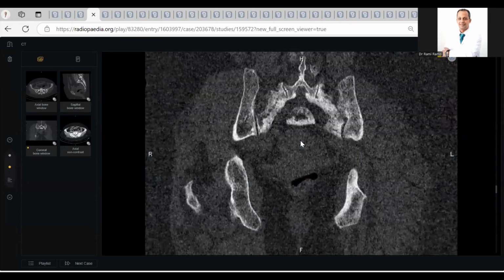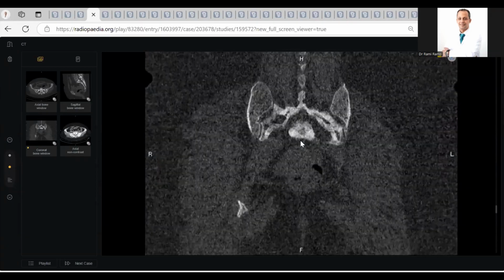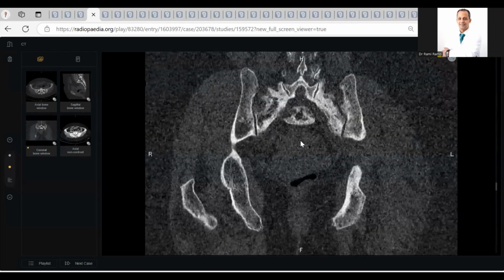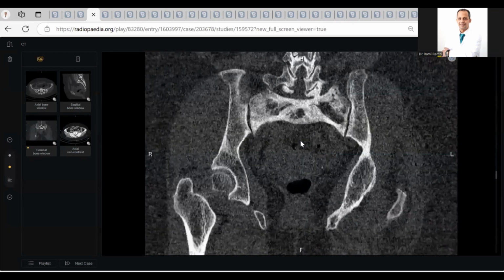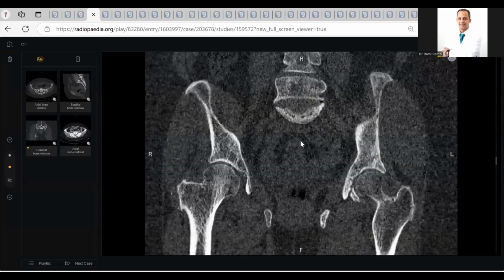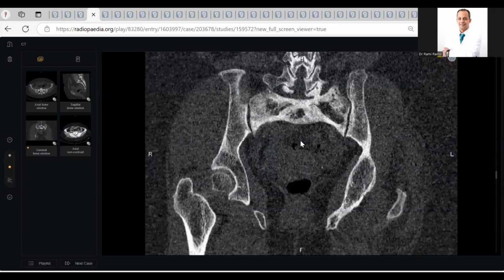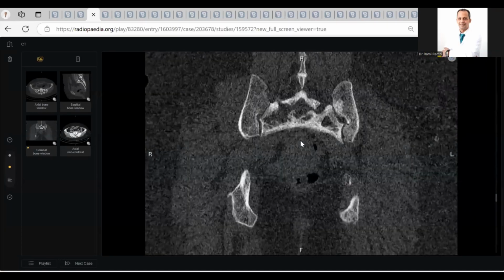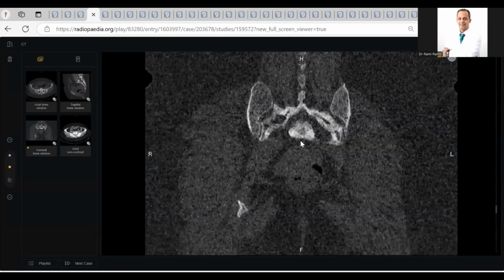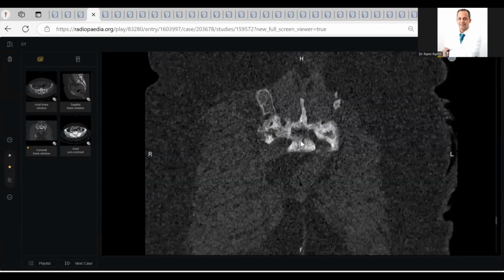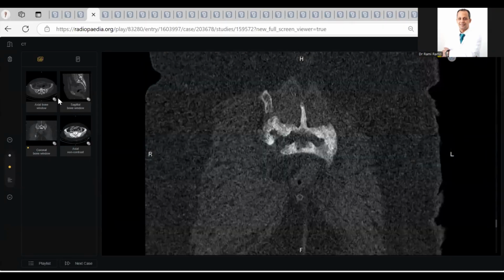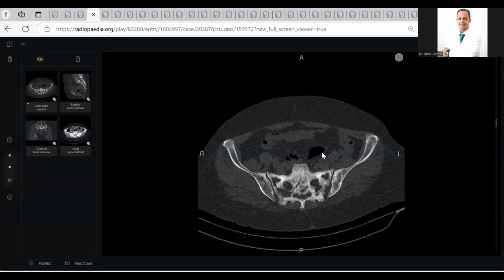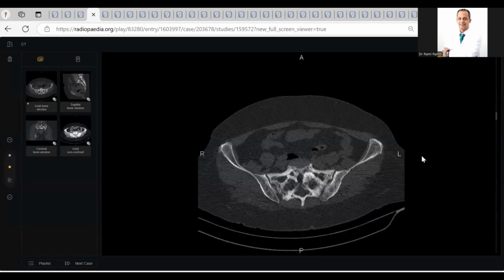I couldn't see the images, sir. It's just skipped. It's not moving, sir. Only one image I can see.